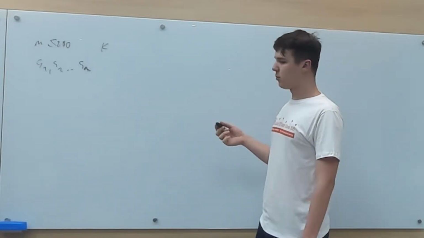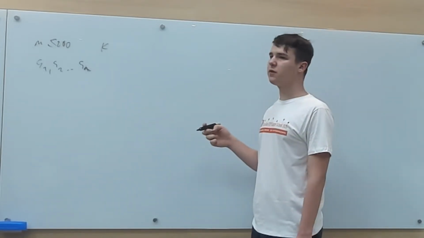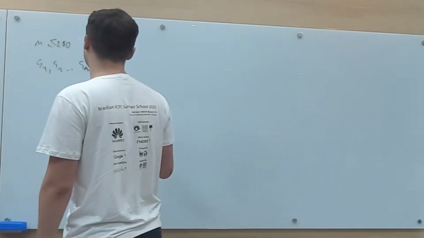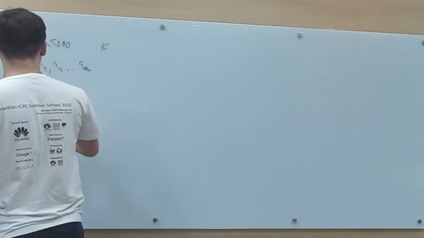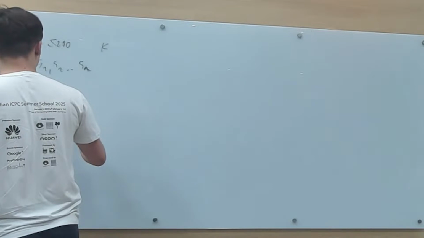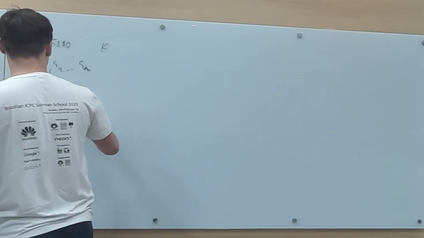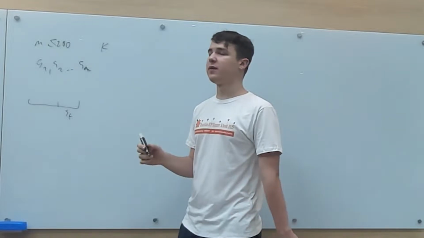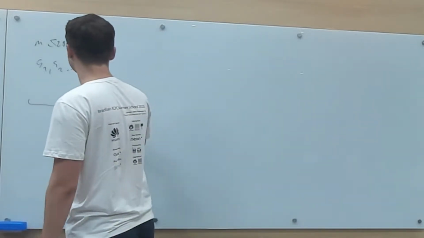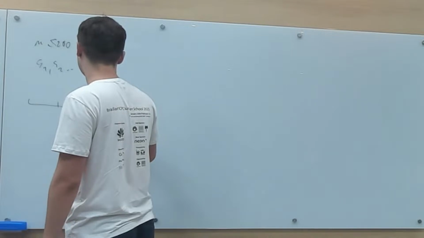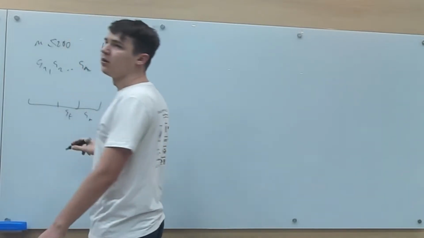Okay, so what we want to calculate is, let's say that we have a text and it ends with some occurrence s_t, and now we want to add something, so it ends with occurrence s_u.